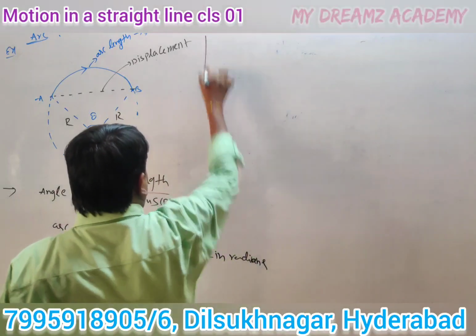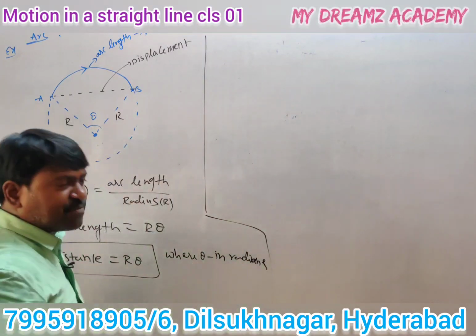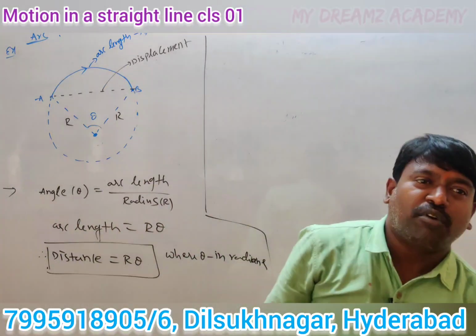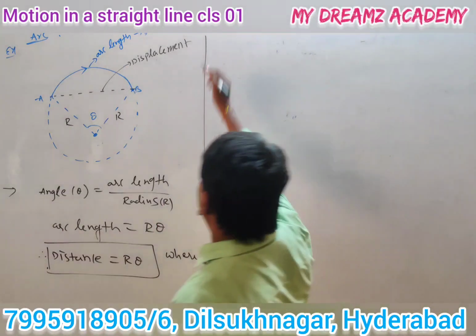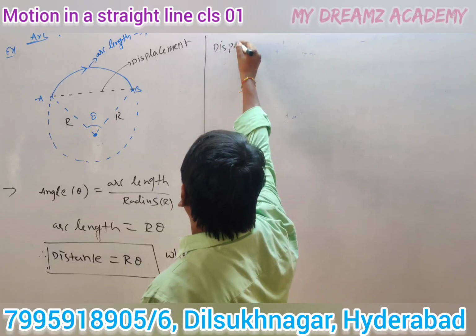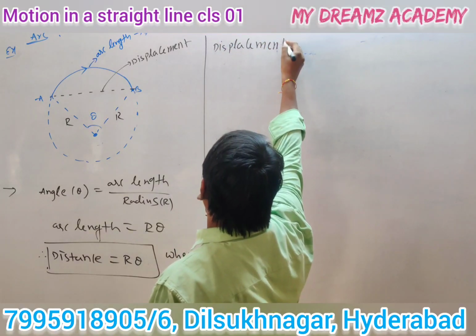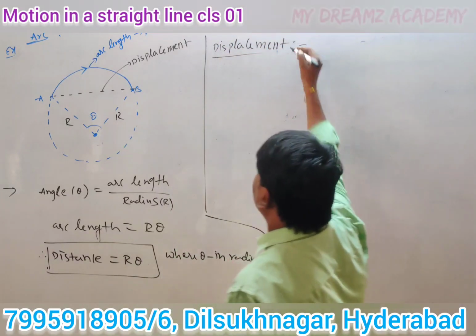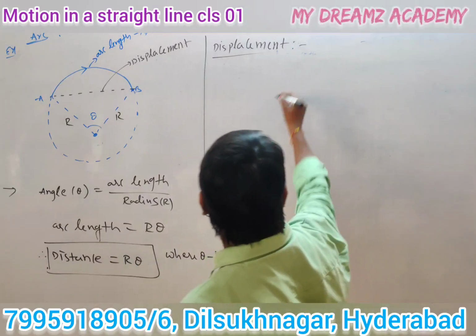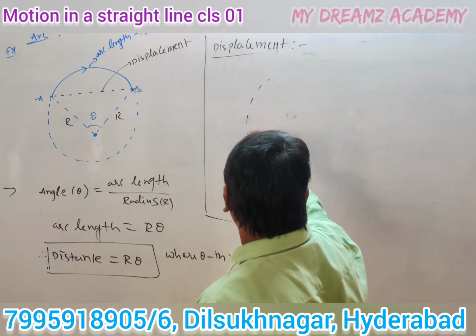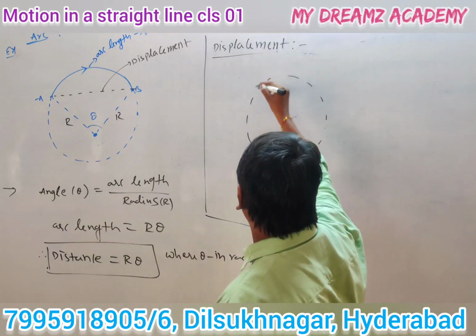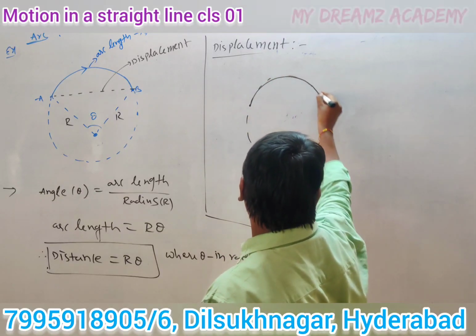Next, what is the displacement covered by the body if it is moving along the arc? To find the displacement, consider a perpendicular bisector. This is a complete circle, and the body is moving only along the arc.